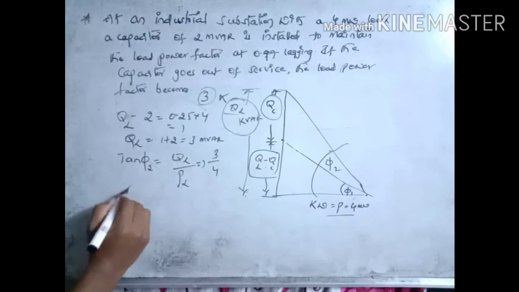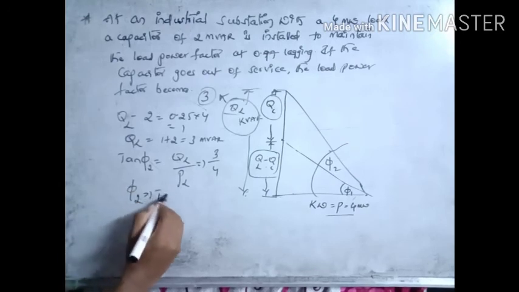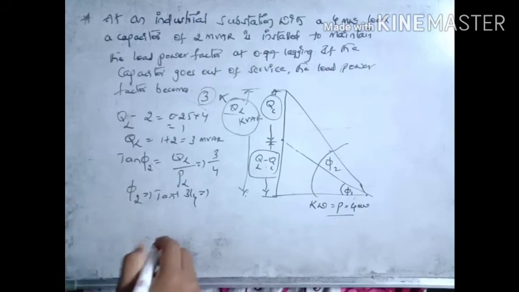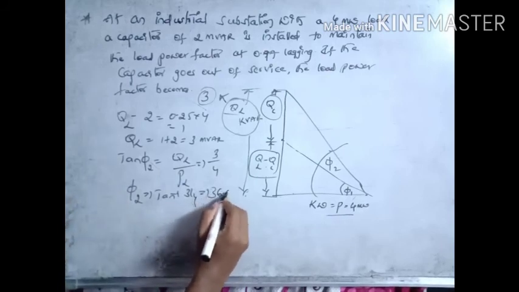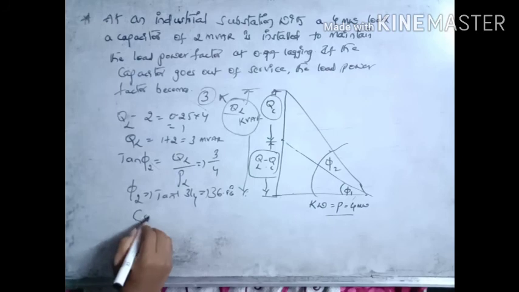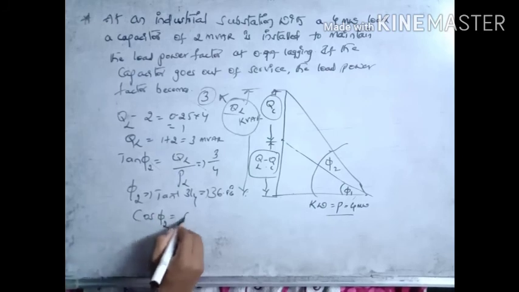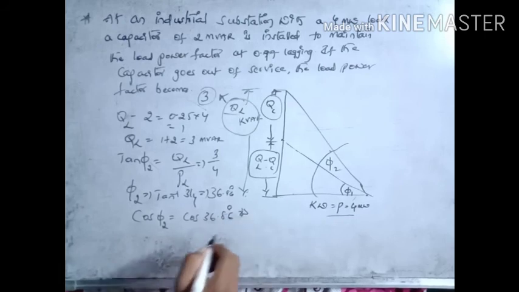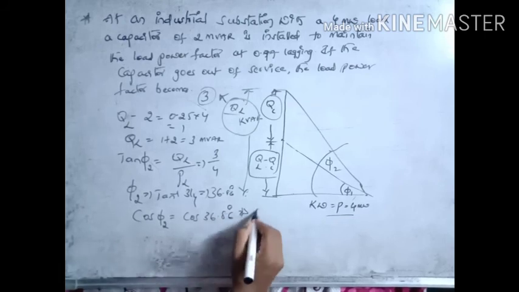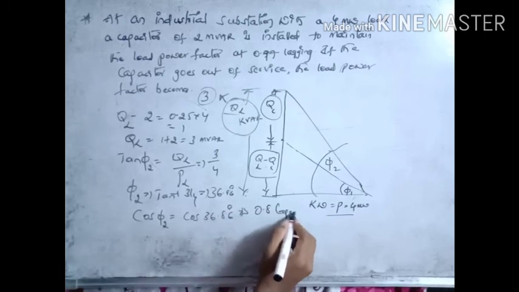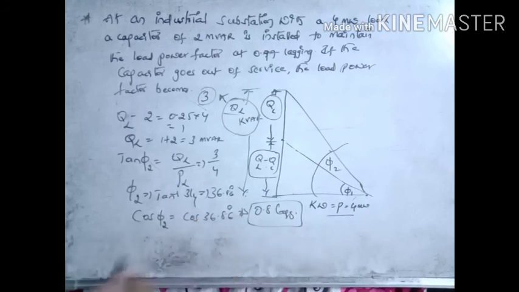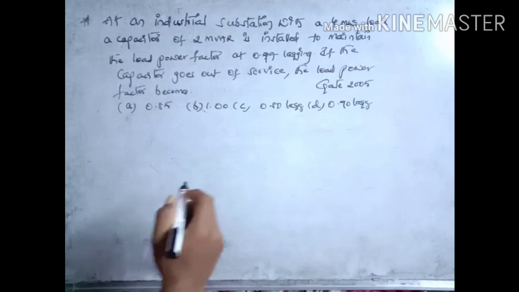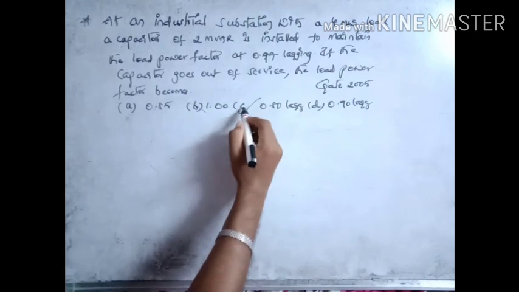From this we get the phase angle as tan inverse of 3 by 4, which equals 36.86 degrees, and cos phi 2 equals cos of 36.86 degrees. We will get 0.8 lagging. This is the answer, and the answer is C, 0.8 lagging.